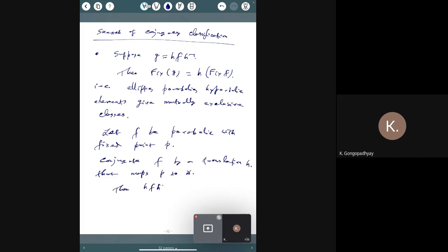Then H F H inverse fixes infinity. So H F H inverse is of the form (A B; 0 D). Now it has a unique fixed point.